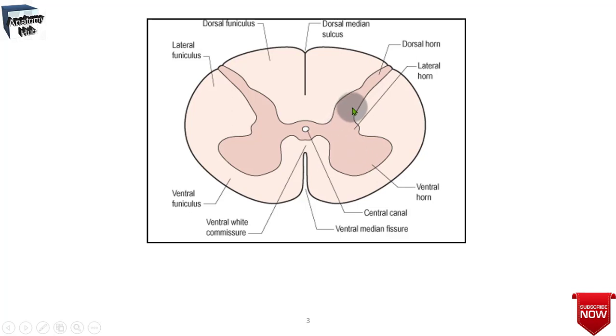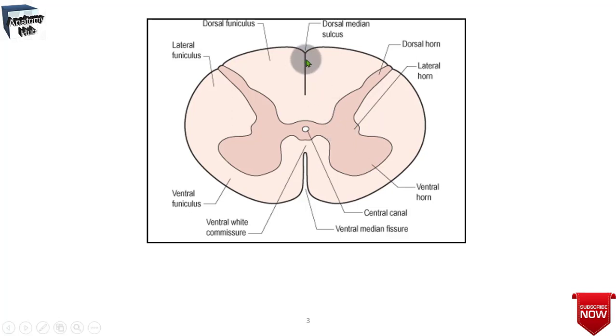It has the anterior or ventral horn, the dorsal horn or sensory or posterior horn, and the lateral horn. The anterior horn is mostly related to motor output, and the dorsal horn to sensory input, whereas the lateral horn is related to the autonomic nervous system, meaning the sympathetic and parasympathetic pathways.